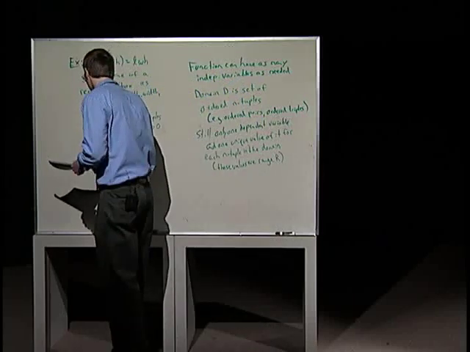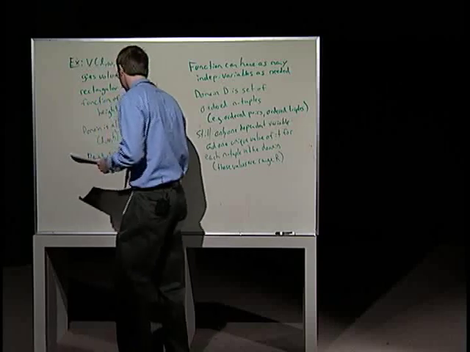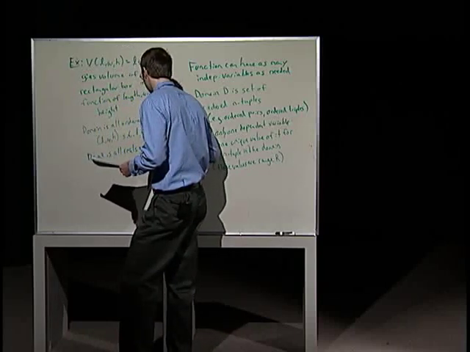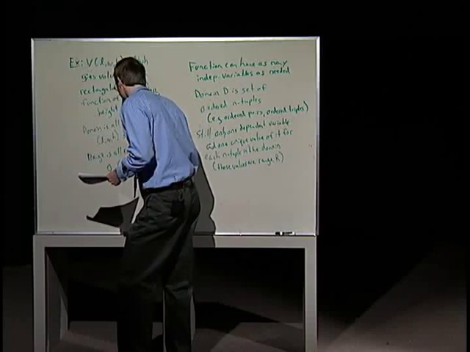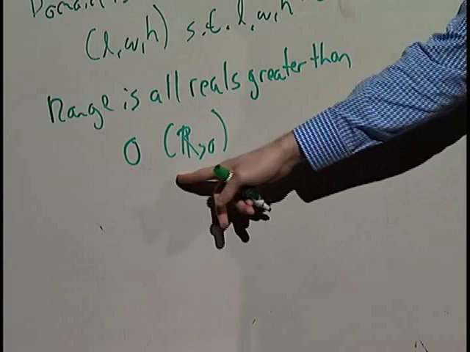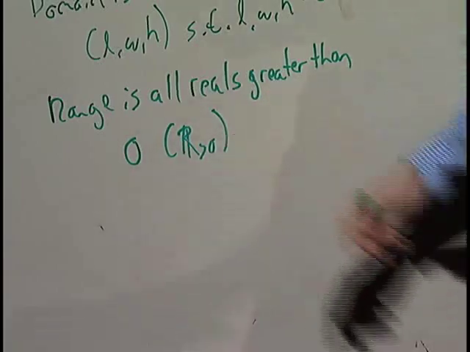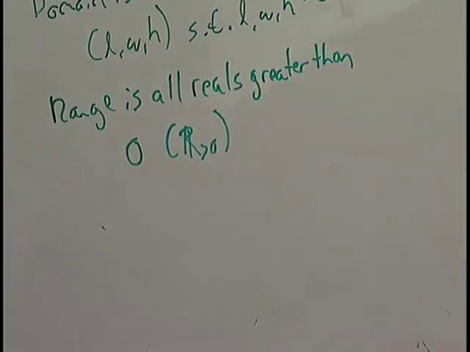And the range here, the range is all reals greater than 0, which we'll denote as R bigger than 0, like that. So that's all real numbers bigger than 0. The volume must be a non-negative measurement, positive measurement actually. It can't be 0 either. Okay? Another one, so there's the volume formula.